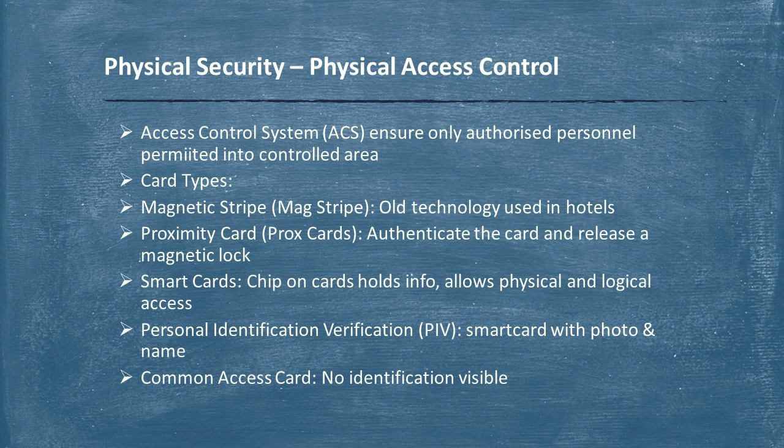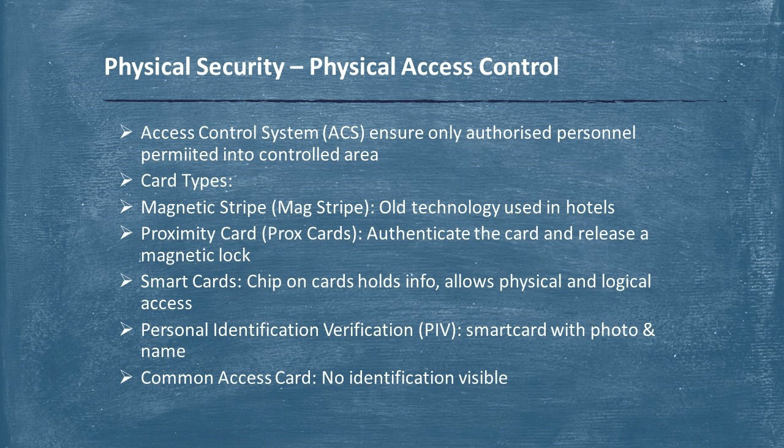In this session, let us take a look at the physical security aspect of physical access control. Physically, how is access control implemented? The first access control system ensures only authorized people are permitted into controlled areas. That is the purpose of the access control system. First and foremost is the card. There are different types of cards used to identify, like the magnetic stripe, which is old technology.